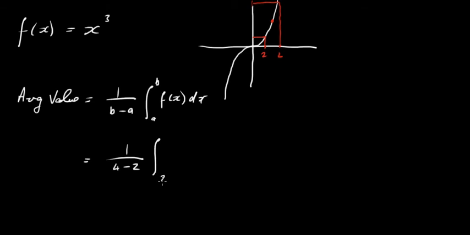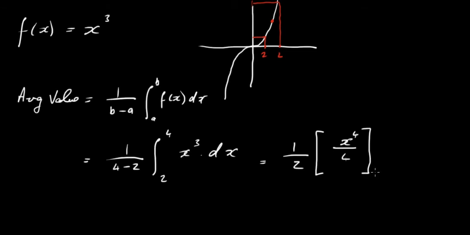We're going to integrate between 2 and 4, and our function is x cubed dx. So this is what we've got to do. This is just simply going to be 1 over 4 minus 2, which is 2, and then when we integrate x cubed we get x to the power of 4 over 4, and our limits are 2 and 4. So let's just do that.